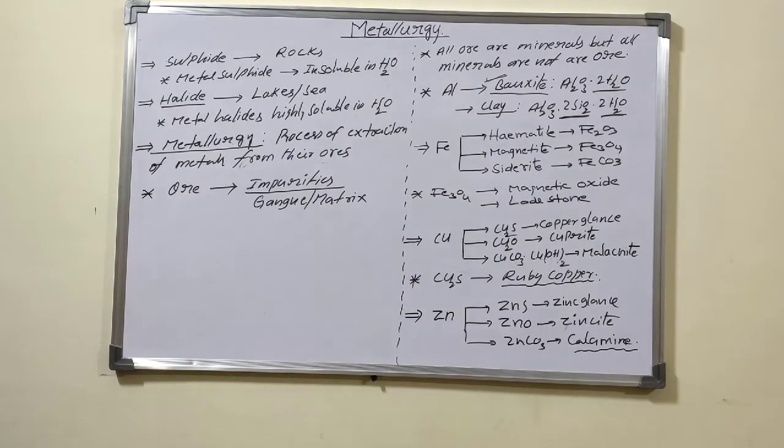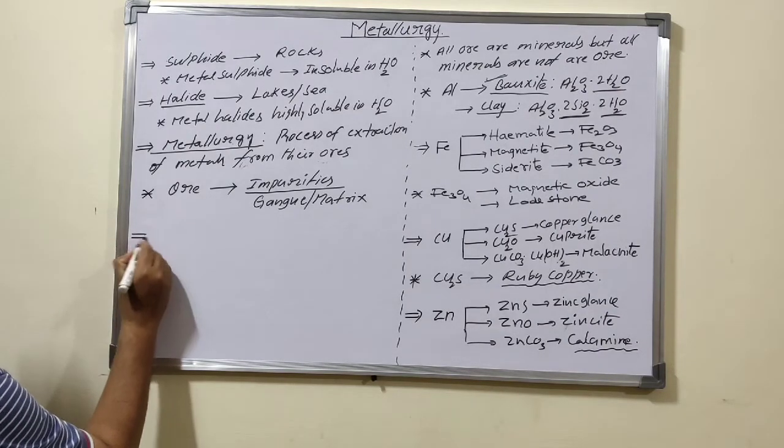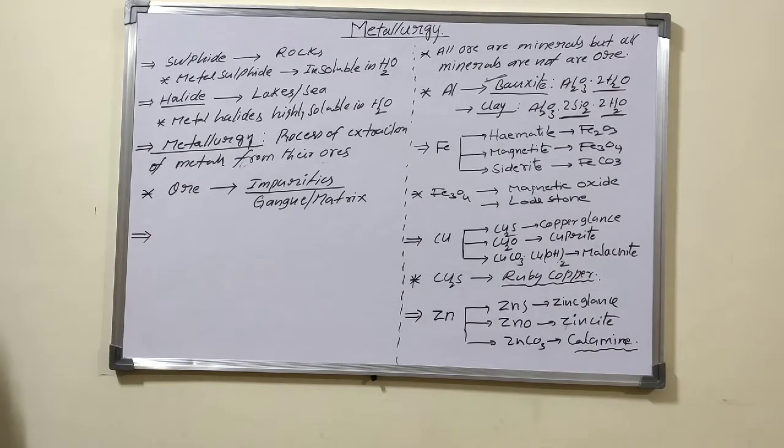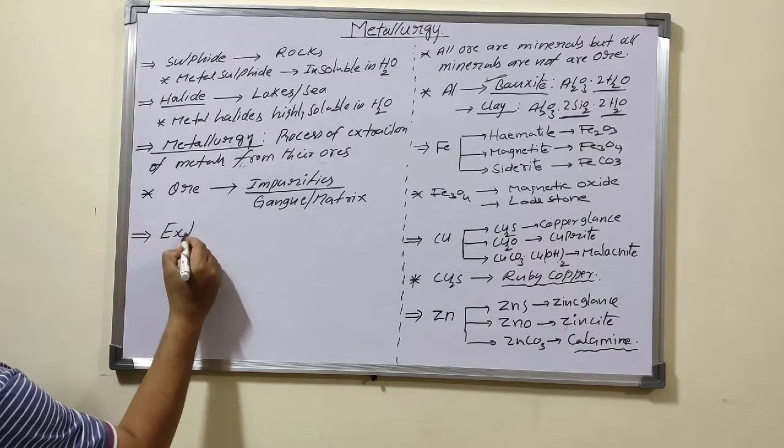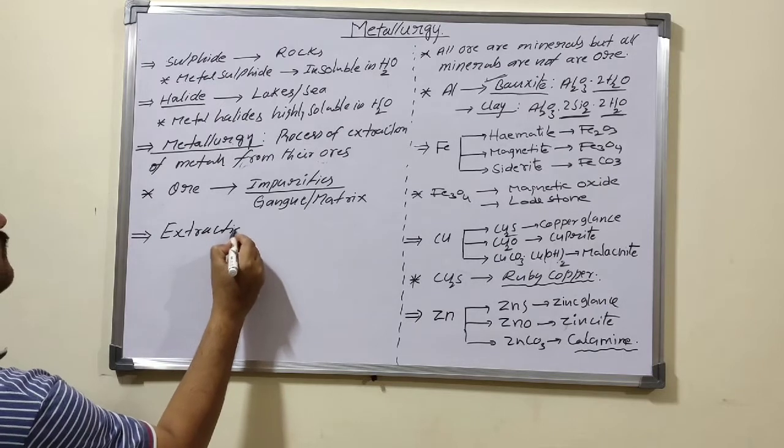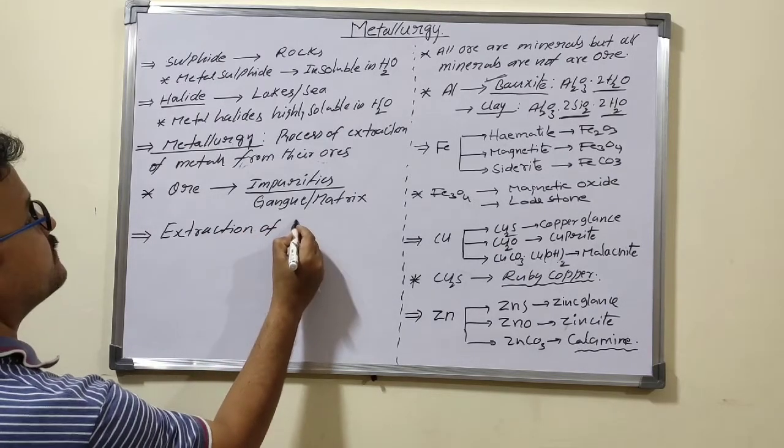First we have to remove them. That's why we first have to identify what type of impurities are present. So here we are going to discuss the extraction of elements.